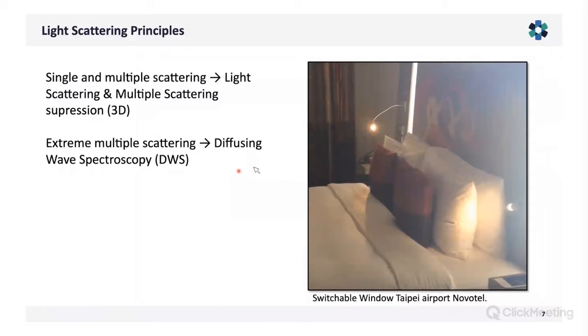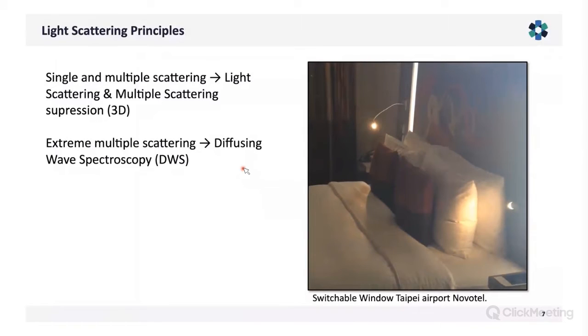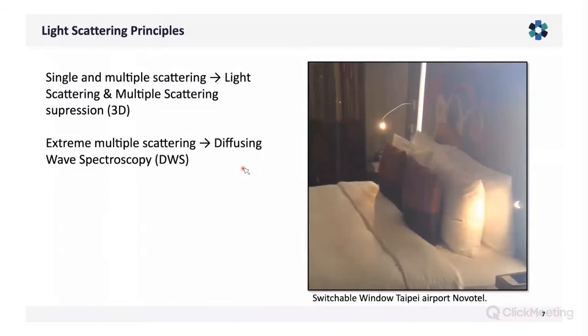Now, if you have such a system like this switchable window that I recorded here with my cell phone, then you see you can go from transparent to completely opaque and turbid, from single scattering to multiple scattering in a controlled way. But usually you cannot control it electrically like in this fancy window. Your sample is what it is, and then you have to adapt your measurement technique in order to be able to measure your sample, or you have to modify your sample, which is not always advised.